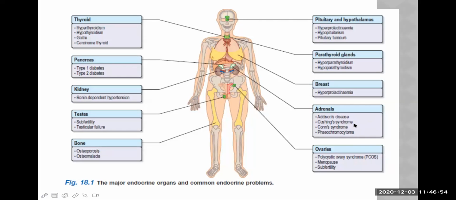Cushing syndrome is known as excessive cortisol secretion. Conn syndrome, you already know, and pheochromocytoma is a tumor from the adrenal medulla. Regarding the ovaries, polycystic ovarian syndrome or Stein-Leventhal syndrome, menopause, and subfertility. These are special topics in gynecology, so we are not going to touch them here. Kidney, we have excessive renin secretion, and that can cause hypertension. From the testes, subfertility and testicular failure, and in the bone, we have osteoporosis and osteomalacia.